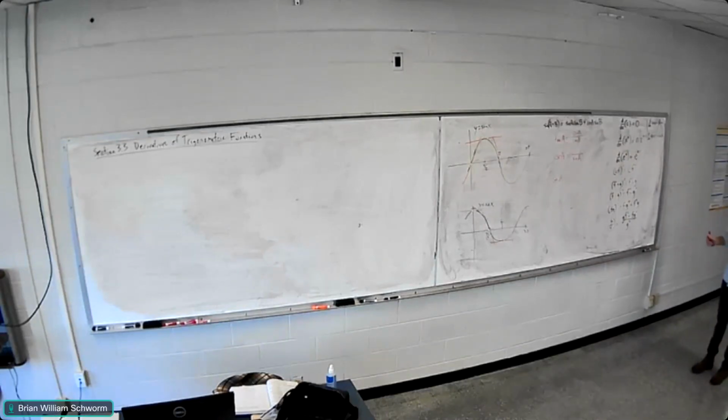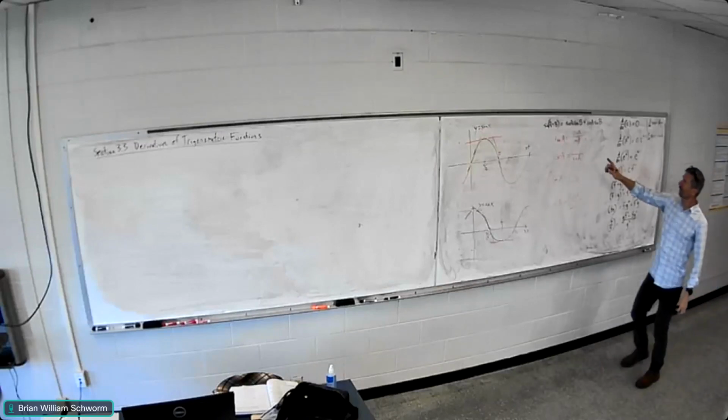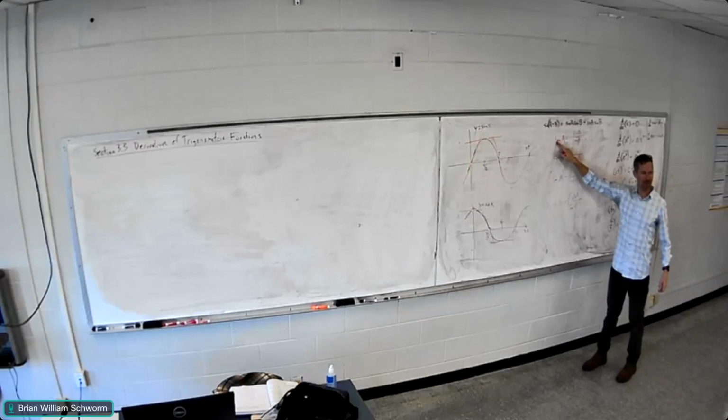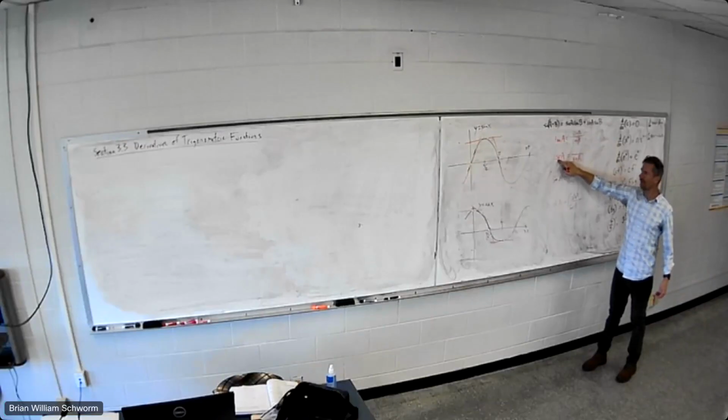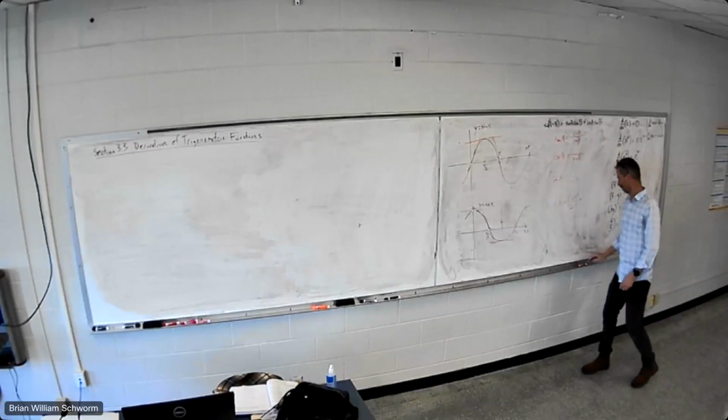So we can use that fact to figure out the derivatives of these. Because if I want to figure out the derivative of tangent, I could use the quotient rule. Likewise for all of these. Derivative of cosecant, use the quotient rule.